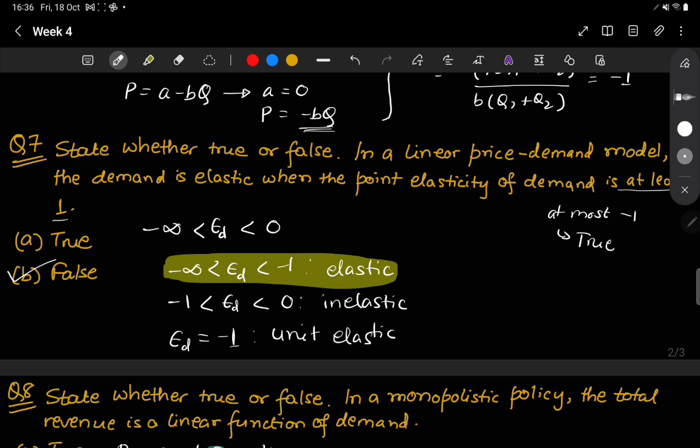Elasticity of demand is always negative, it's less than 0. If it is less than -1, it is elastic. If it is equal to -1, it is unit elastic, and if it is greater than -1 but still less than 0, it is inelastic.